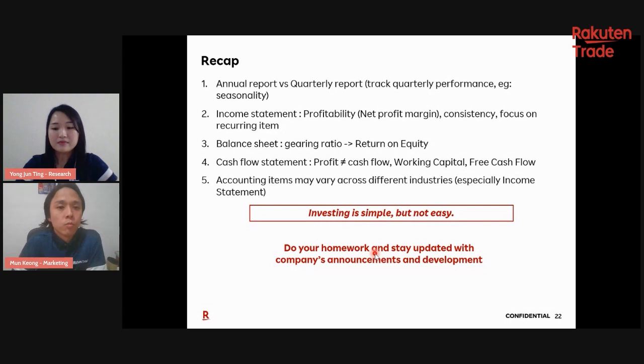Okay, wow, that's a lot of insights there, Junting. I think especially on the cash flow, it's pretty evident now the importance of looking at cash flow, and perhaps net profit may no longer be the sole indicator that everyone should be looking at, especially in the pandemic. Right?